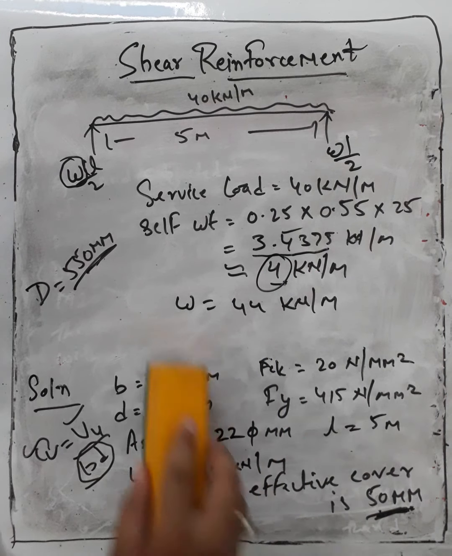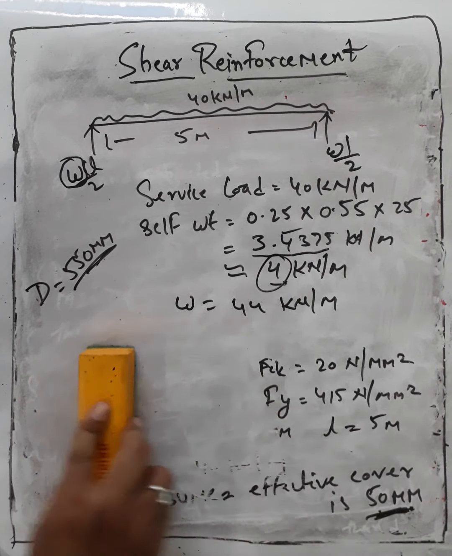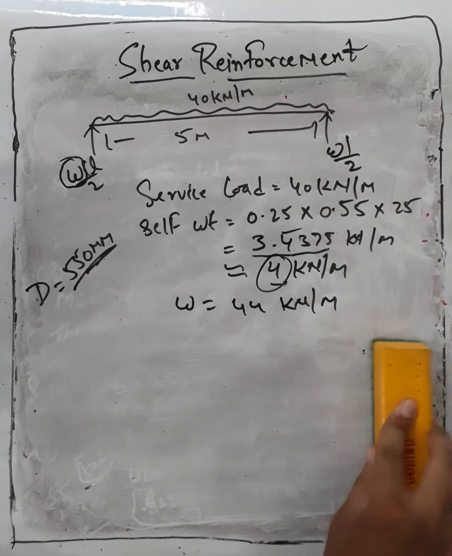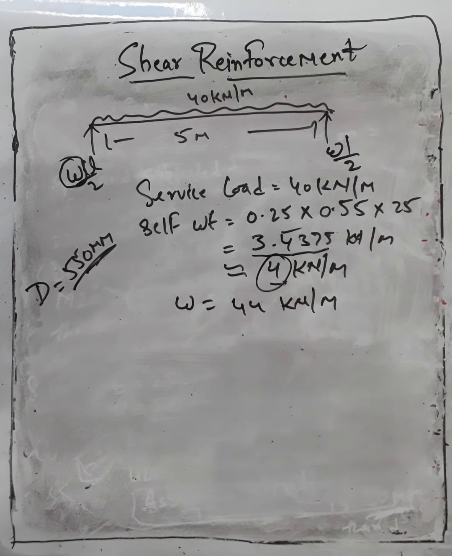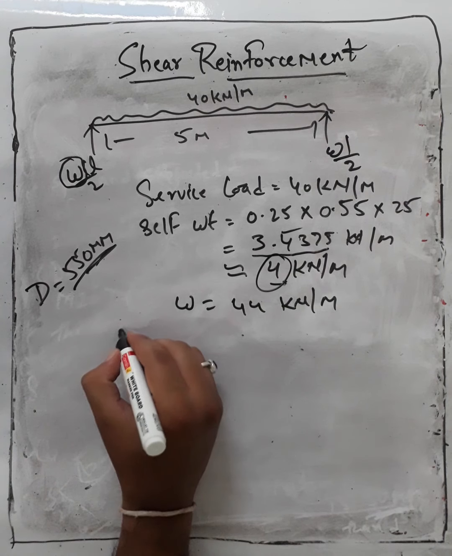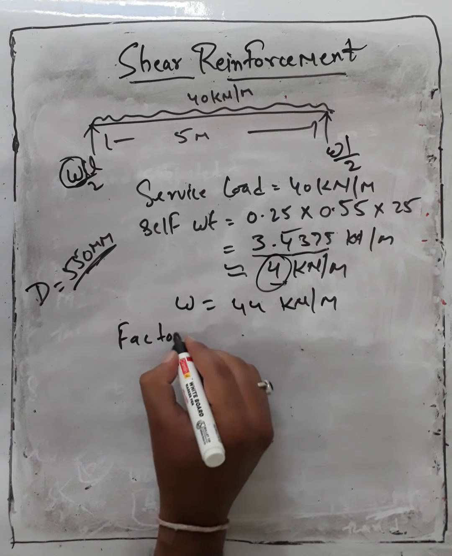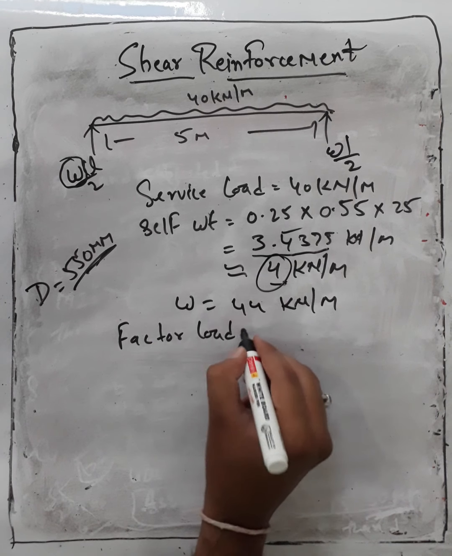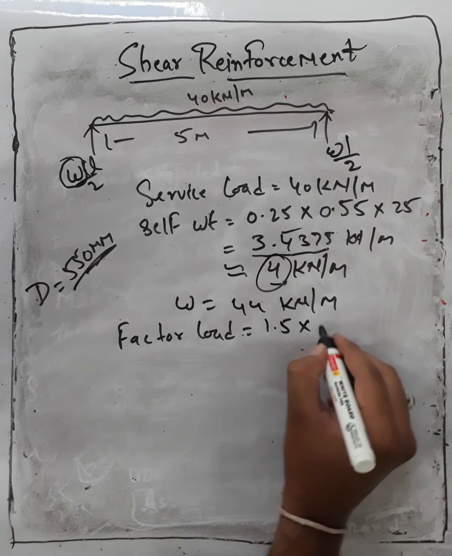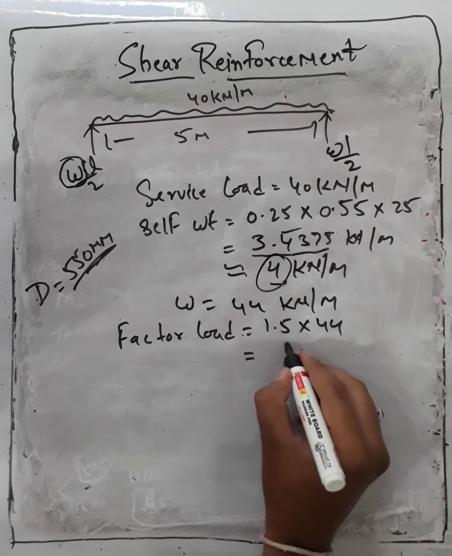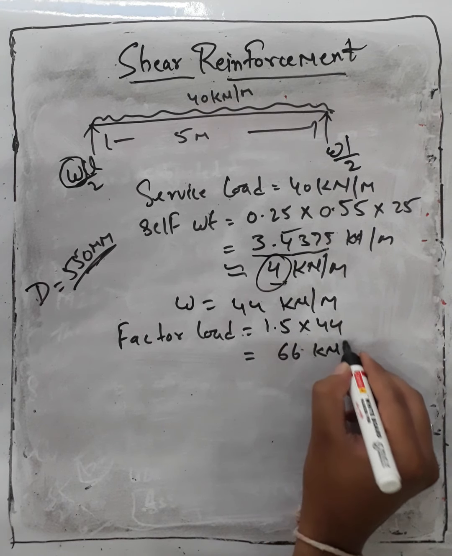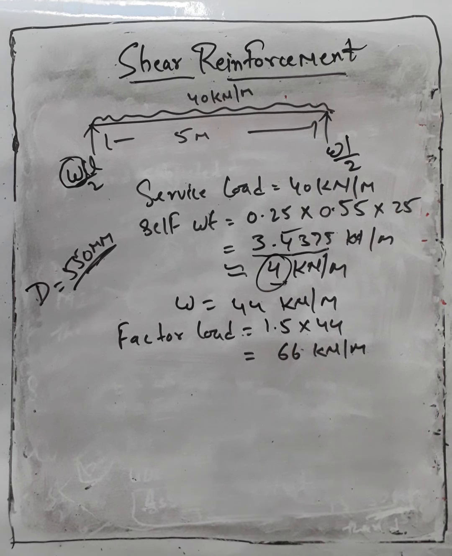But this is the unfactored load. So first we have to convert this into factored load. For that you multiply this 44 with 1.5. So you get 66 kilonewton per meter as the factored load.